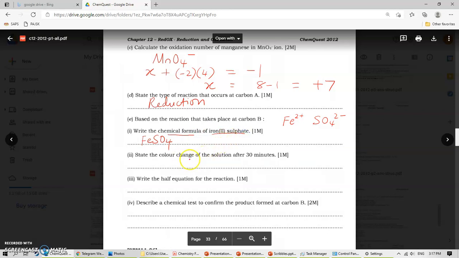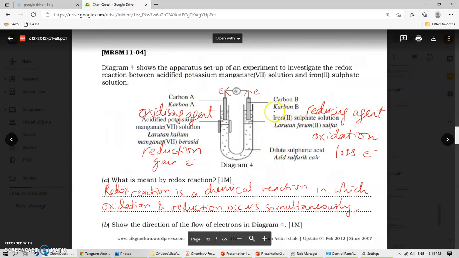State the color change of the solution after 30 minutes. So what actually happens? Let's write the half equation so that we know what actually happened there. If you look at iron 2 sulfate, we can ignore the sulfate. Iron 2 ion loses one electron, so it becomes iron 3 ion.